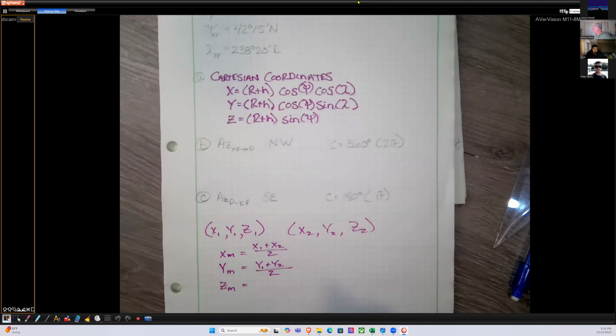So those are Cartesian coordinates, and the reference system we use to refer to those Cartesian coordinates we call Earth-centered, Earth-fixed, or ECEF.